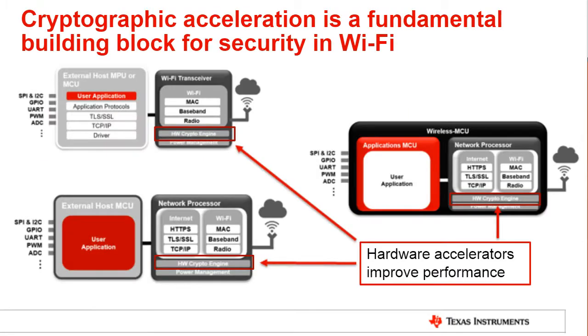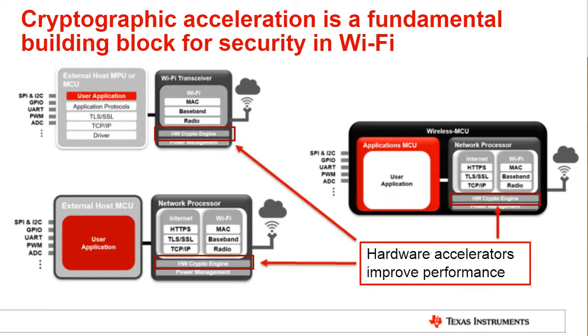The first topic I want to touch on is cryptographic acceleration. Here I'm showing three different potential architectures for Wi-Fi solutions. In the top left, we have a system that's using a Wi-Fi transceiver, a device that's only implementing the Wi-Fi protocols, none of the higher level networking protocols or TLS or application protocols. At the bottom left, we have a network processor type architecture where you have the Wi-Fi protocols and the internet level protocols all integrated into a single chip.